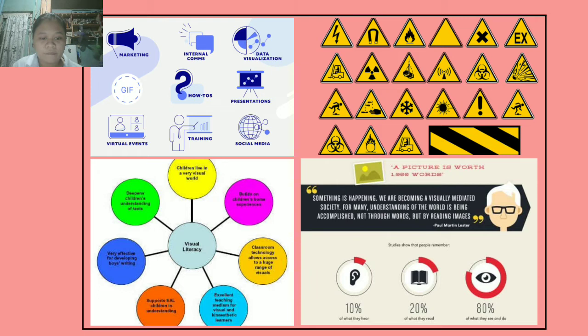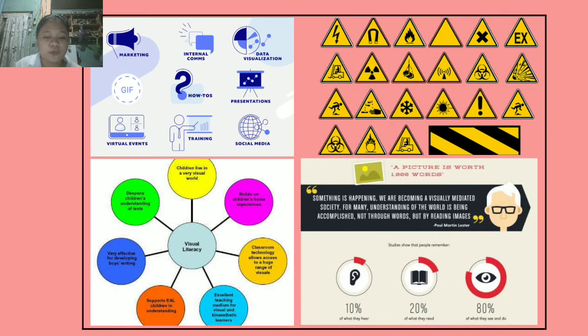We have an infographic, charts, GIF, and danger signs. As we can observe in the danger signs, we all know that there is an impending danger in every topic or picture that is being shown without being told. We also have infographics as well as GIF showing different types of media.